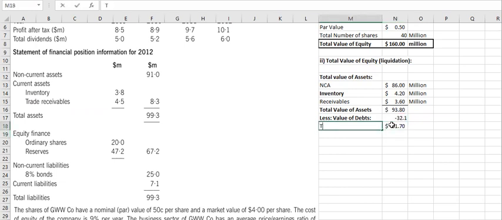So the total value of equity, that is the value of the shareholders, will be 61.7 million dollars. And that's what we have calculated using the realizable values of assets.